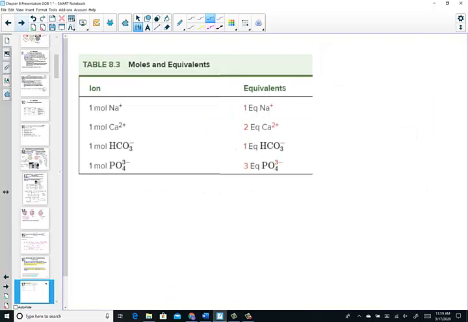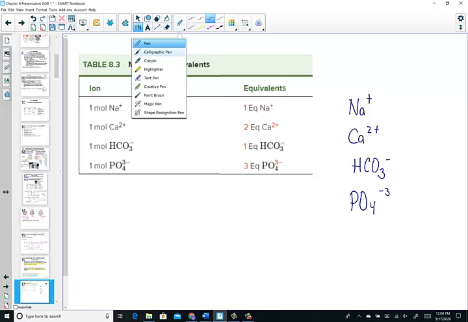So if you take a look at this example, just a table from your book, notice that in the first, I'm given sodium ion, Na+1. We're given calcium ion, Ca+2, a bicarbonate ion, HCO3-1, and a phosphate ion, PO4-3.